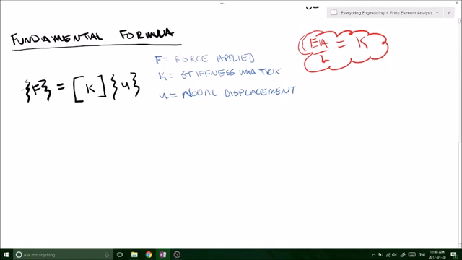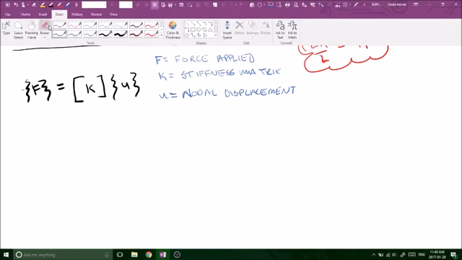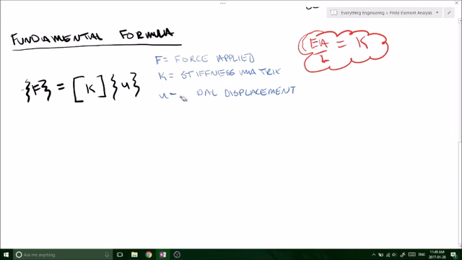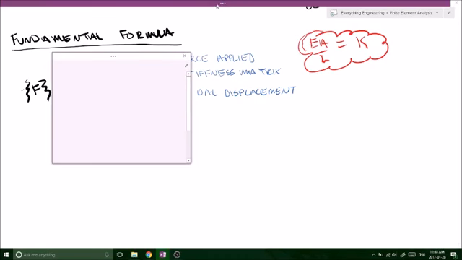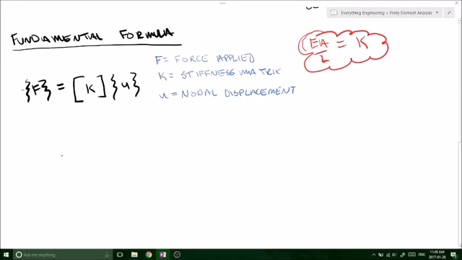And then we've got U, which is our nodal displacement, the displacement at each one of the nodes that we'll solve for using the matrix method. So using this fundamental formula, F equals KU, knowing that K is our stiffness.